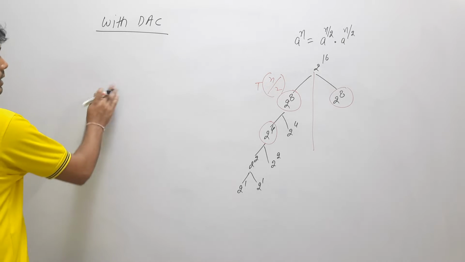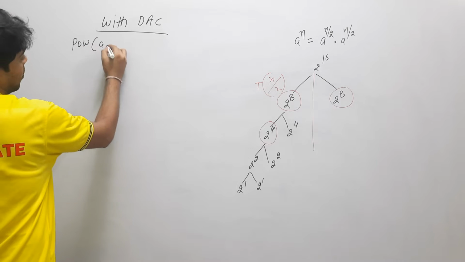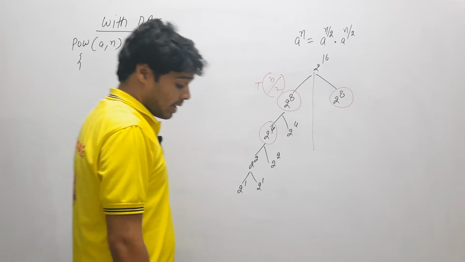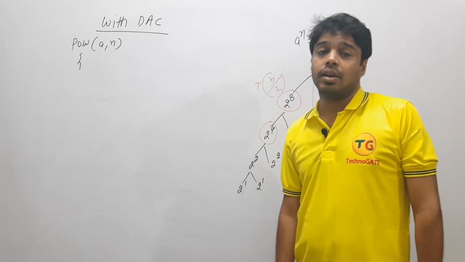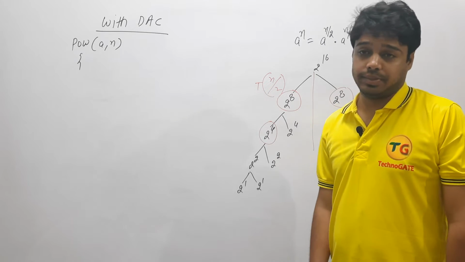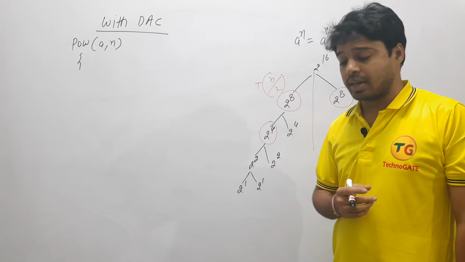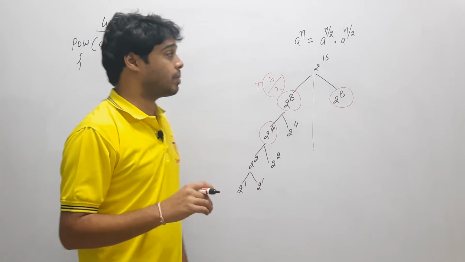So here let's see what will happen. The power function is there, a comma n. Whenever we write a recursive call, always put the base condition. Here in divide and conquer, recursion will definitely exist, and in recursion first of all we put the base condition. So what is the base condition here?